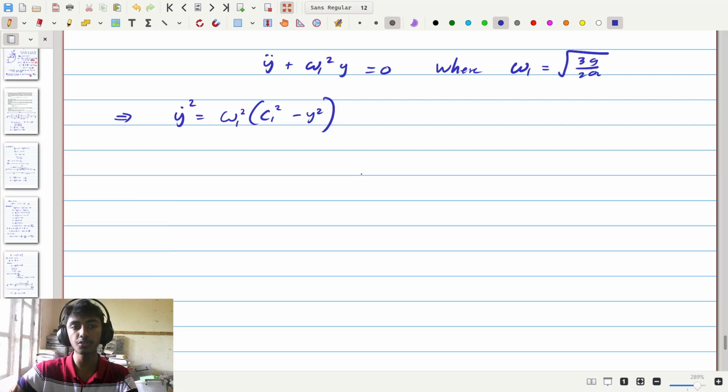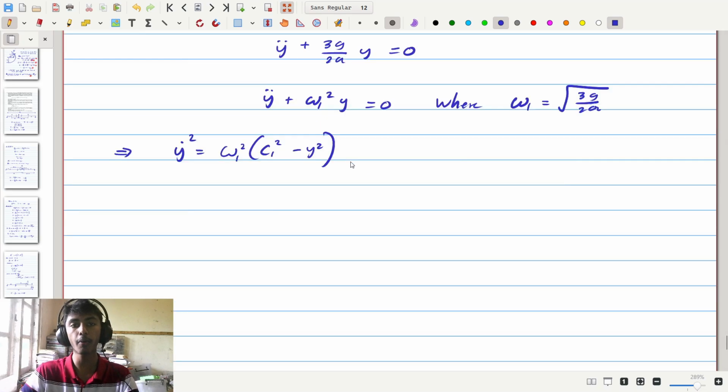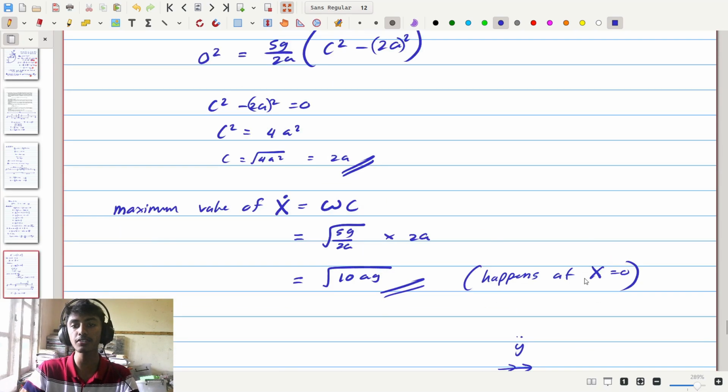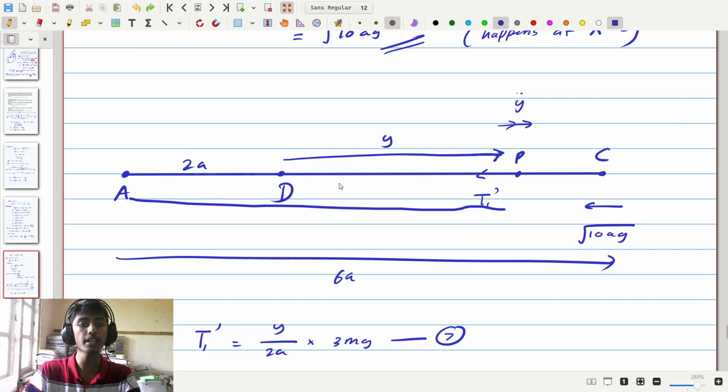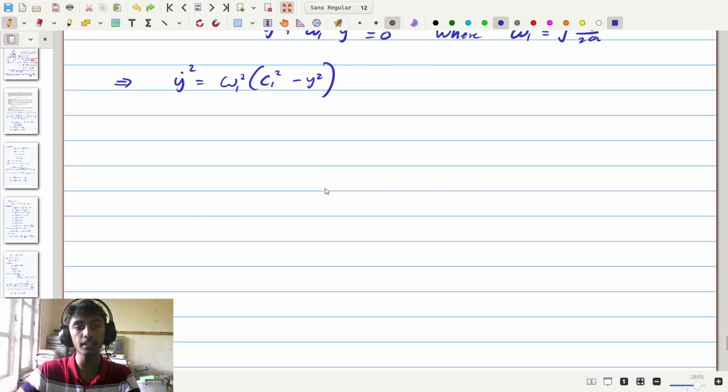Now using this, at the point when capital X is equal to 0, the velocity is equal to the square root of 10 ag, and then we can establish a relationship between y and capital X in order to find the corresponding value of y. So y is this length, which is x minus 2a, so y is equal to x minus 2a, and capital X was equal to x minus 6a.